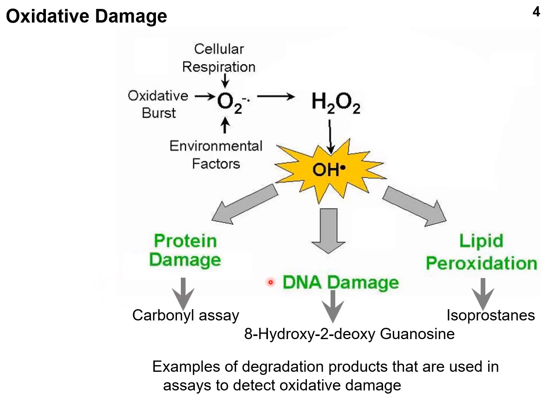Another is DNA damage, which generates a compound called 8-hydroxy-2-deoxyguanosine. And the third example is lipid peroxidation, which generates isoprostanes. There are multiple other damage products as well, but we're going to focus on these three as our main ones.